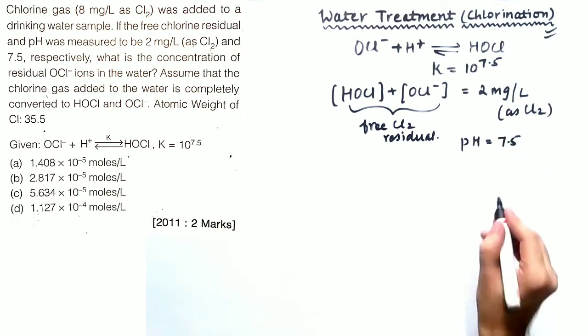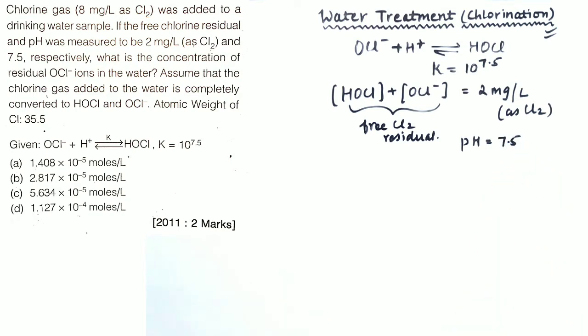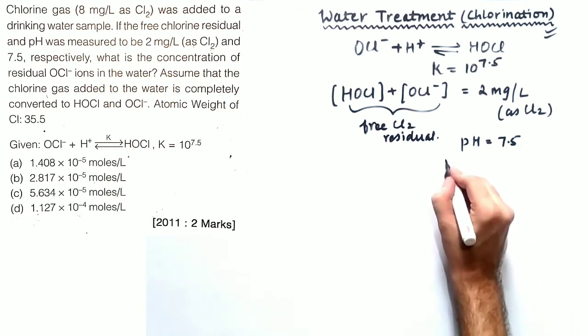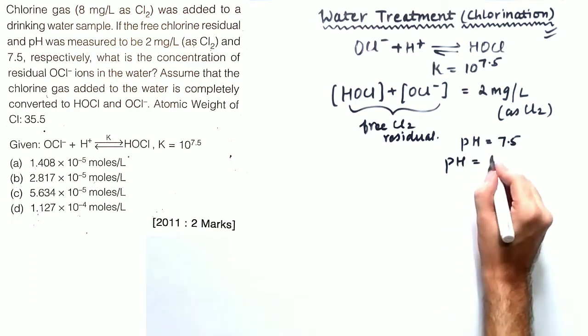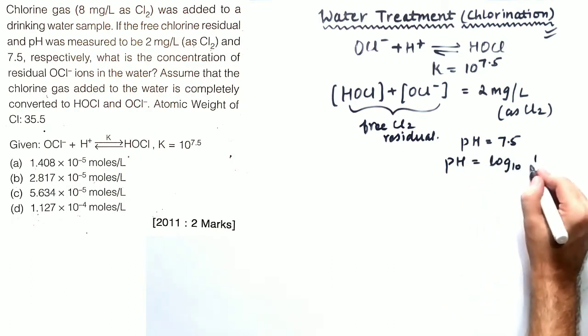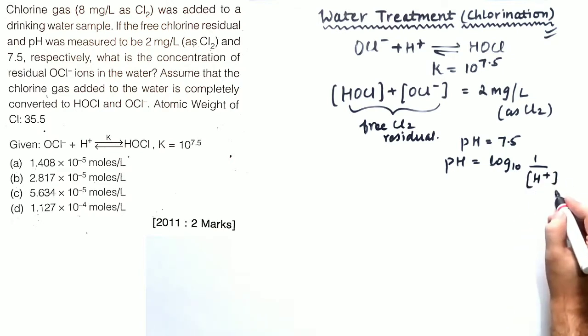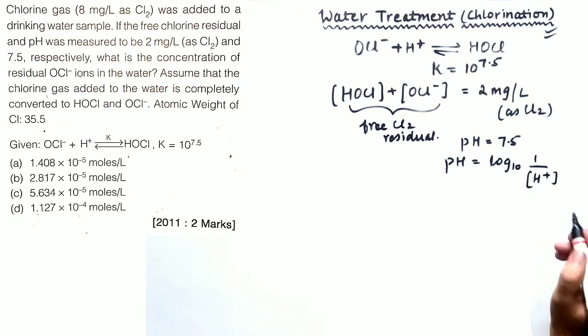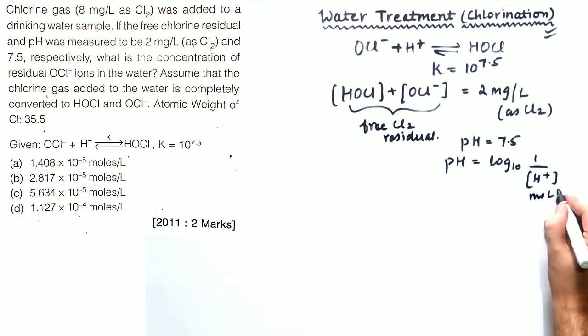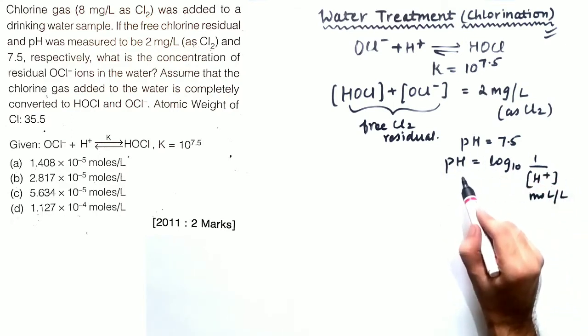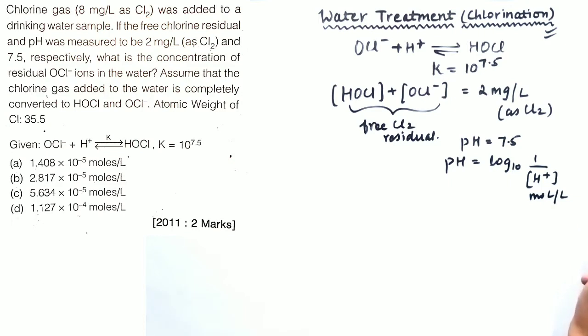The pH is given as 7.5. From the pH, you can easily calculate the concentration of H positive ions. How can you convert? You know pH is equal to log10 of 1 upon H positive. Remember that this concentration of H positive ions is always in moles per liter. So whatever concentration comes from this equation after putting the value of pH, it will be in moles per liter, not in milligram per liter or kilogram per liter.